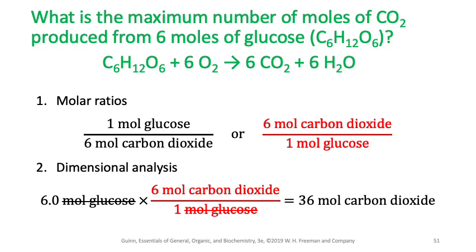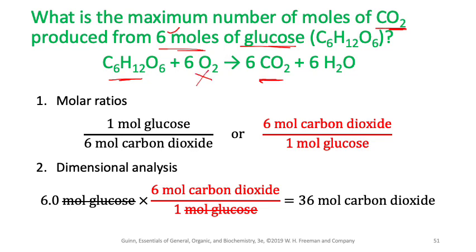The problem is saying, what's the maximum number of moles of carbon dioxide you can produce when you react 6 moles of glucose? And this is the balanced chemical equation. So what is given? Moles of glucose are given, okay, and then what is being asked? How many maximum moles of carbon dioxide? This is being asked. Is there anything given for oxygen?